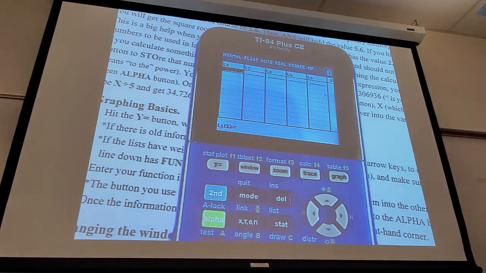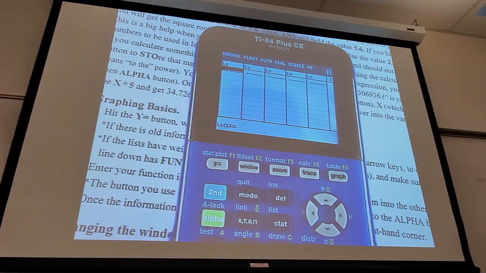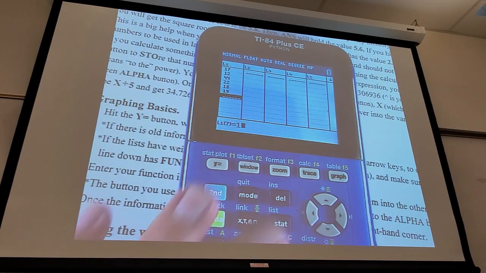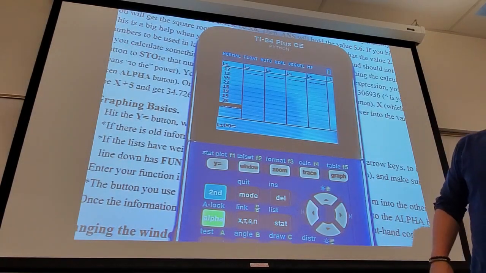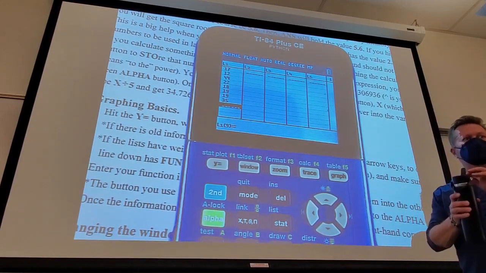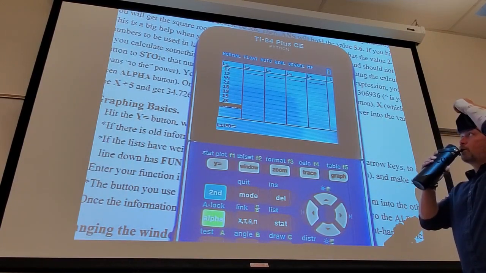So let's all put some data in here. Let's all put the same data: 17, 12, 44, 22, 18, 19, 19, 35. Okay, let me stop. Are you guys good on the two 19s?